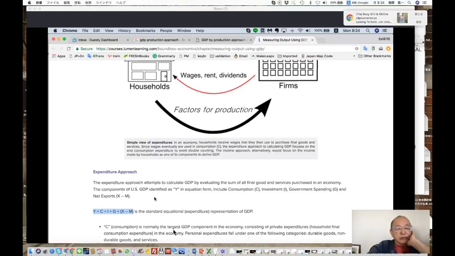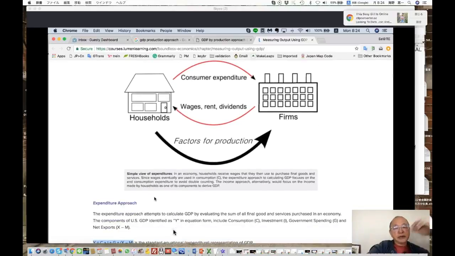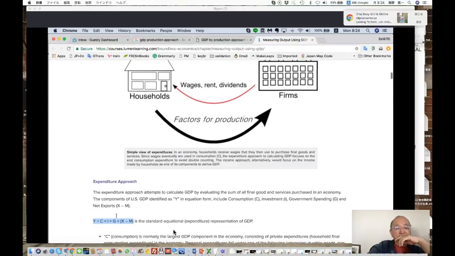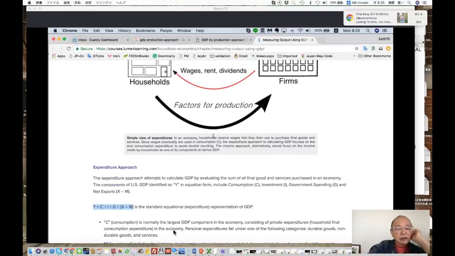My explanation is, C means this one, C includes wages, rent, dividend, right? Yeah, but that's what the income of the households consists of. But we measure the consumer expenditure. This I is income, right? No, investment. Oh, investment. I is investment. So actually, basically, I understand: what you don't consume, you invest.